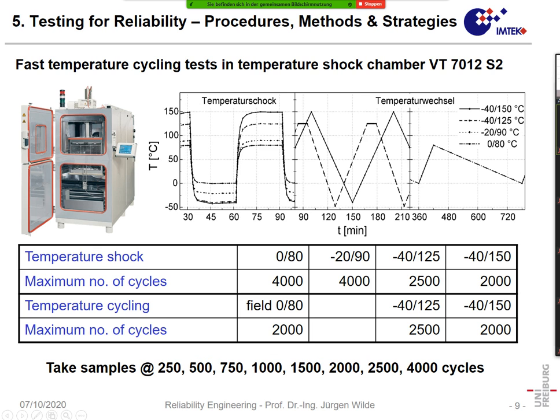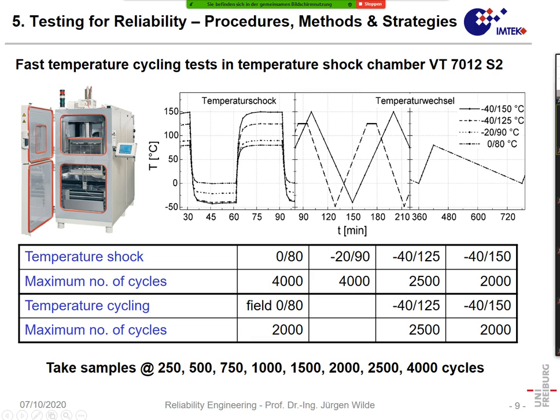Here is such a chamber we use for temperature shock and temperature cycles. There are differences. Temperature cycles means it's slow, so we can have a gradual transition. We can have a holding time here. On the other hand, when we have a temperature shock, we just change from a hot to a cold chamber within seconds.